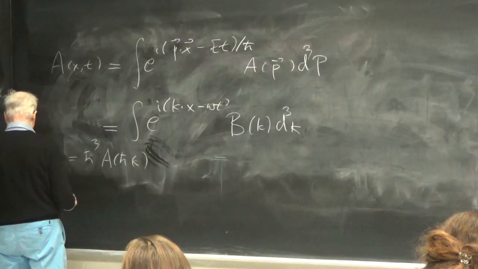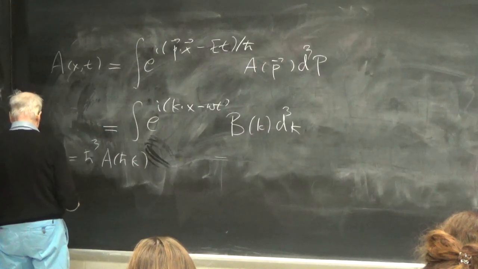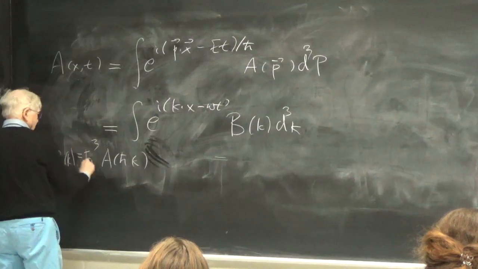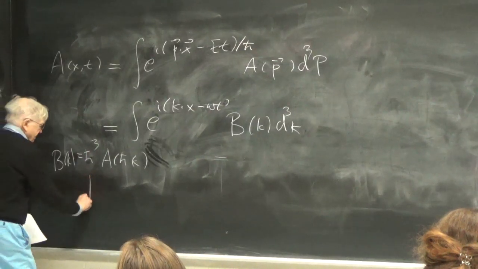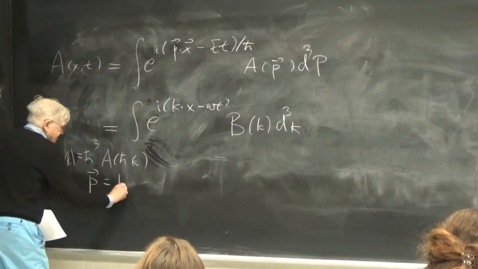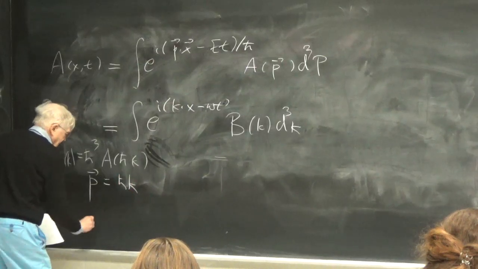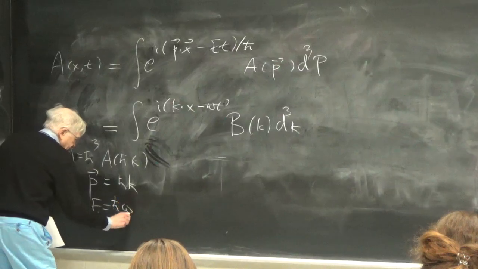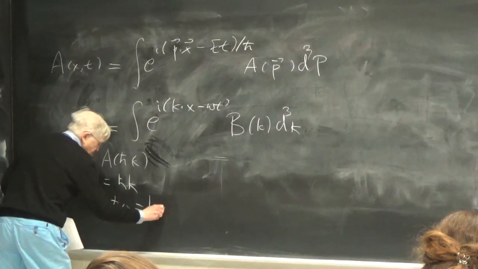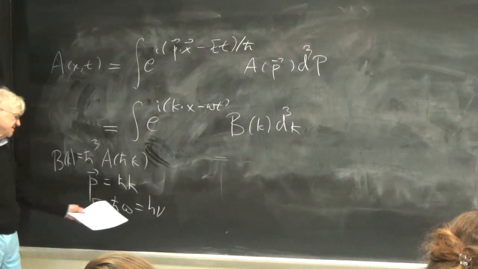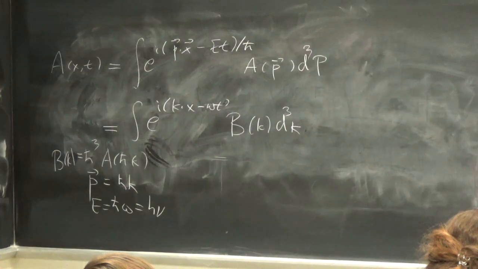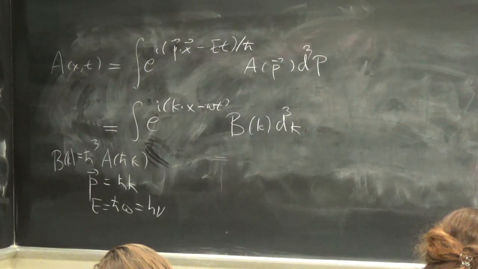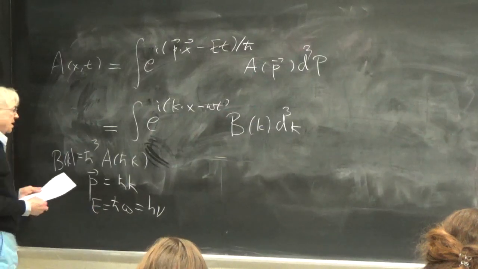So b of k is that. So here the idea is that p is equal to h bar k and e is equal to h bar omega, which of course is h nu. So this was Einstein's relation for photons, but it applies to any particle.